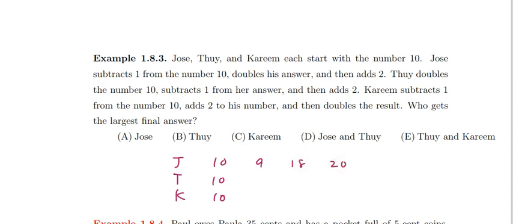This guy doubles the number 10 to 20, subtracts 1, then adds 2, so 21. This one subtracts 1 and adds 2, 11, then doubles it to 22. So who gets the largest final answer?